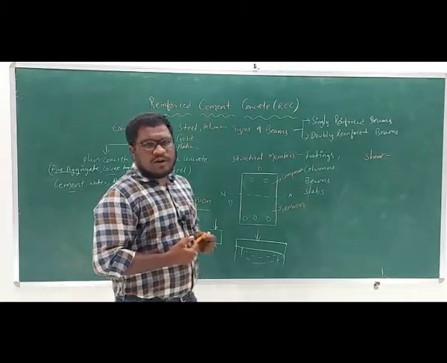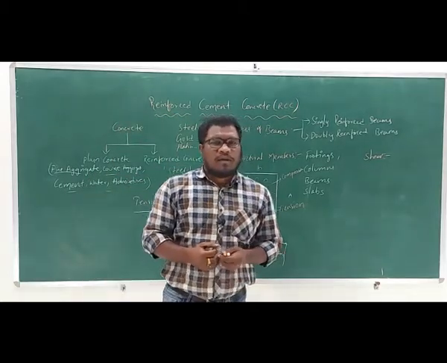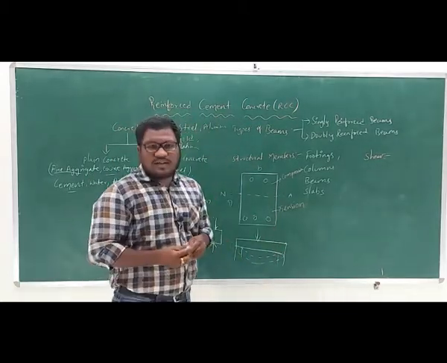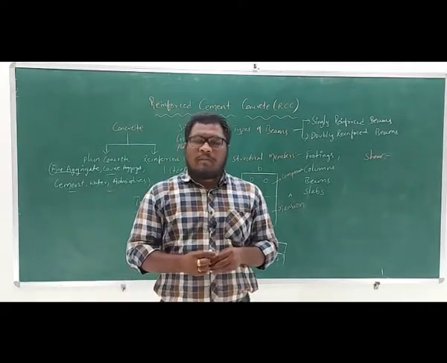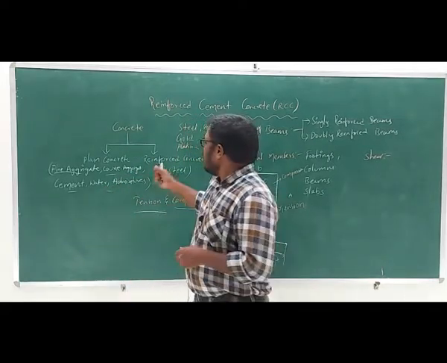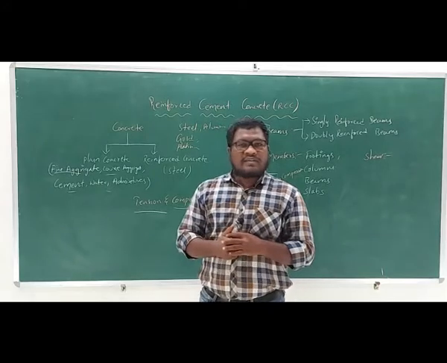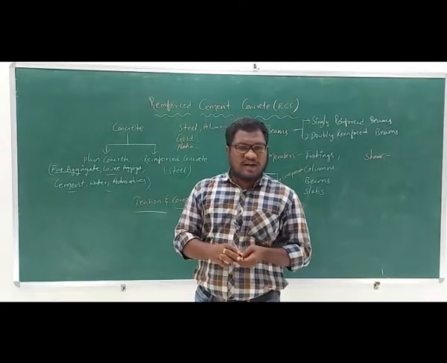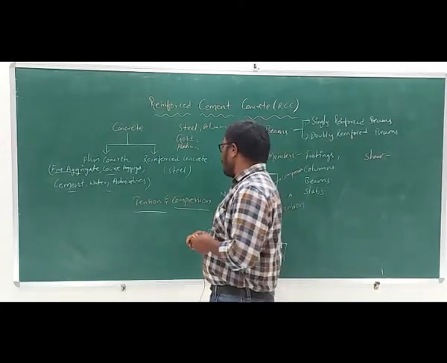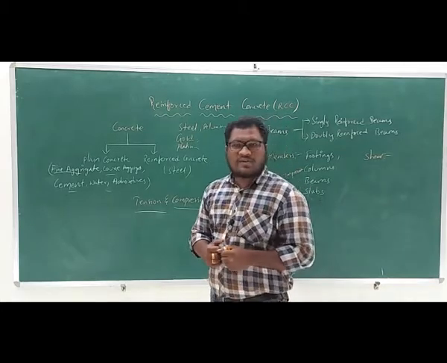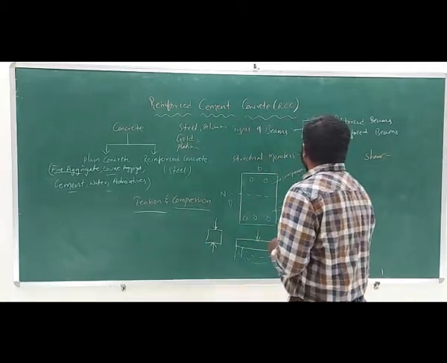Different materials are available in the market, and we cannot use all of them for reinforcement, but we can only provide iron as a reinforcement. What is the reason for providing iron as reinforcement? Let us discuss that.